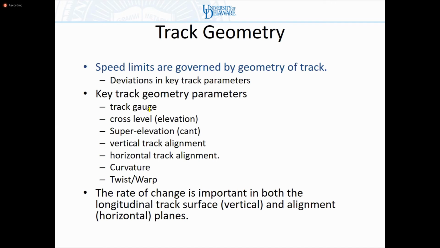So it includes gauge, cross level or elevation, cant or super elevation, vertical alignment, which is also called surface, horizontal alignment, which is also called line, curvature, twist, and warp. And sometimes it's the rate of change that can be as important as the defect itself.